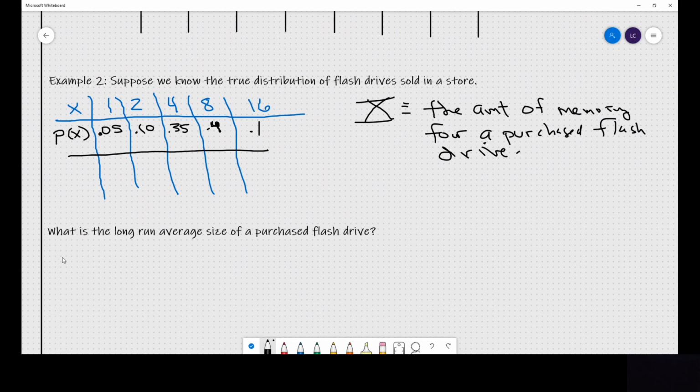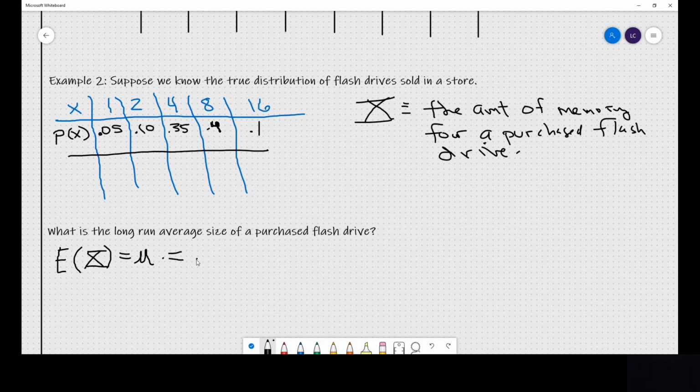And the notation that's used is the expected value of the random variable X, where we called this our random variable, the amount of memory for a purchased flash drive, is simply going to equal mu, which is also referred to as the mean. And it's going to be equal to that weighted average that we just talked about.